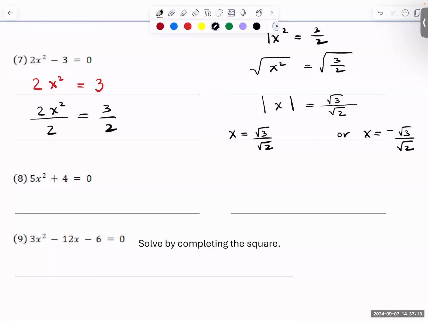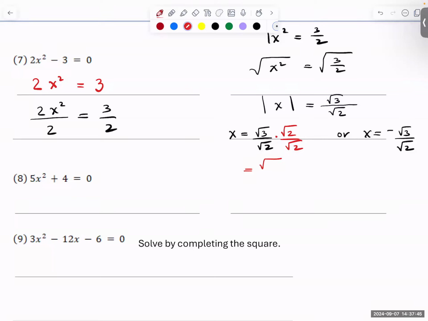Now, final answer cannot be a fraction with a radical in its denominator. Square root of 2 cannot be simplified. 2 is a prime number, and square root of 2 is an irrational number. To rationalize the denominator, or to make the denominator a rational number, we're going to multiply by square root of 2 divided by square root of 2, which is a form of 1, so that square root of 2 times square root of 2 is square root of 4, which is the integer 2.